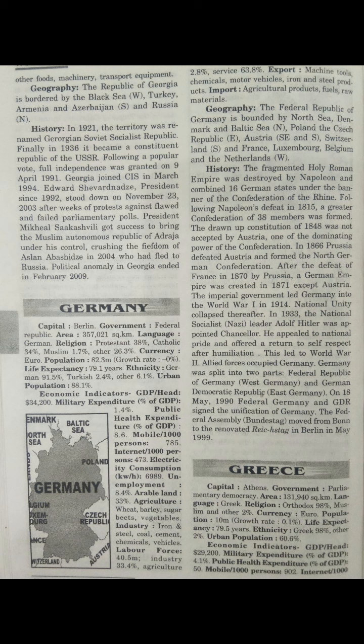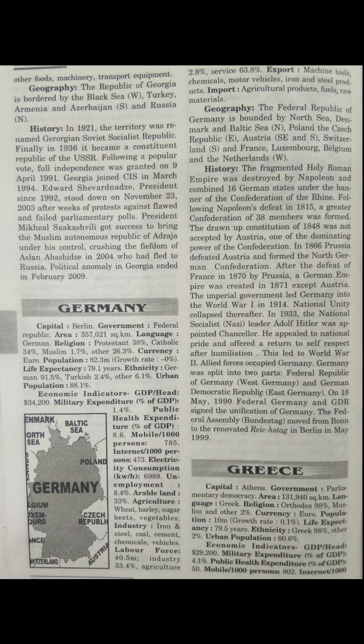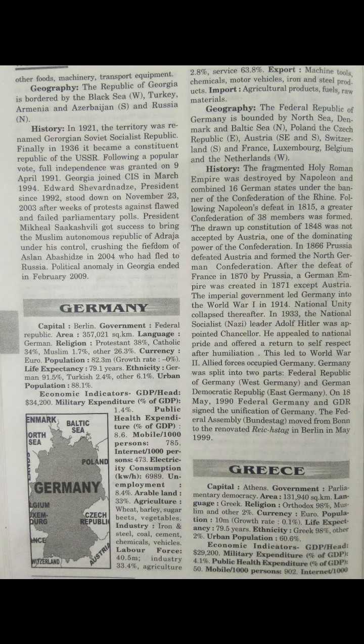The drawn-up constitution of 1848 was not accepted by Austria, one of the dominating powers of the confederation. In 1866, Prussia defeated Austria and formed the North German Confederation. After the defeat of France in 1870 by Prussia, a German empire was created in 1871 except Austria.